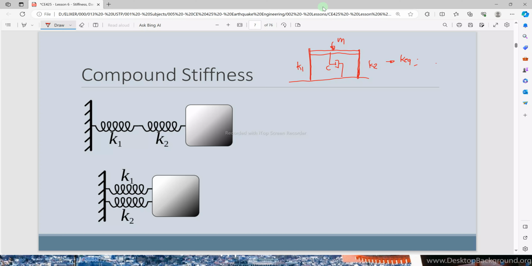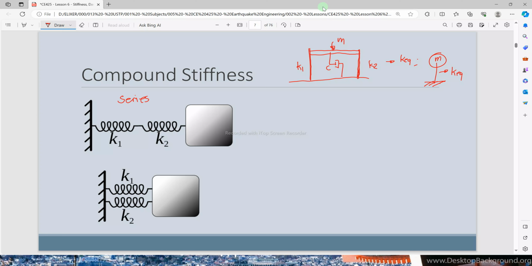So pwede na ito siya ma-model into a lumped mass model like this with a mass and an equivalent stiffness sa iyang column. So as shown in the figure, figure 1 here shows a stiffness in series.